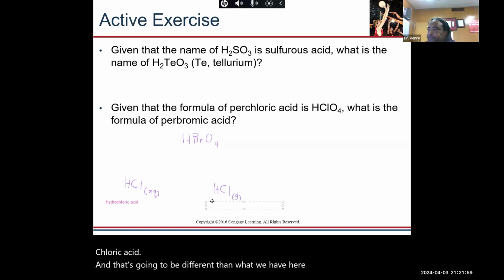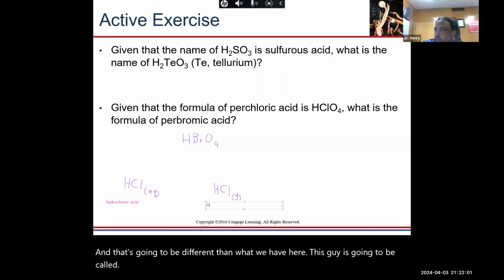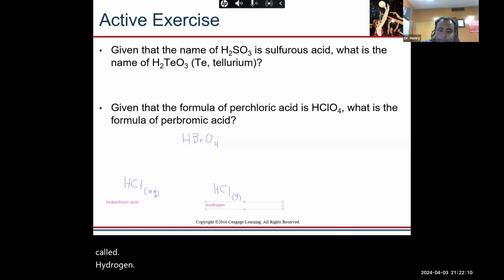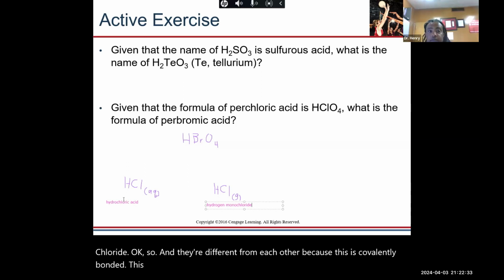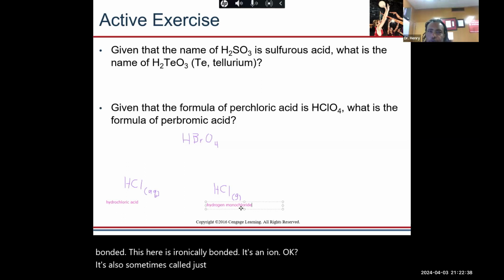And that's different from what we have here. This one is going to be called hydrogen monochloride. They're different from each other because this one is covalently bonded, while this here is ionic. It's sometimes also just called hydrogen chloride gas.